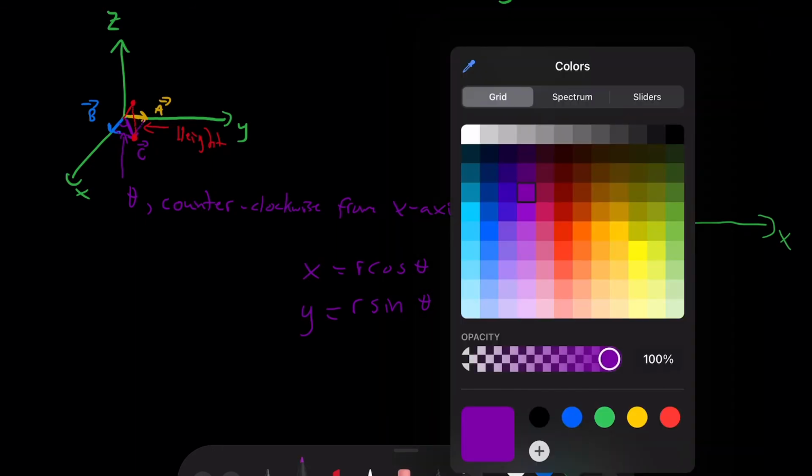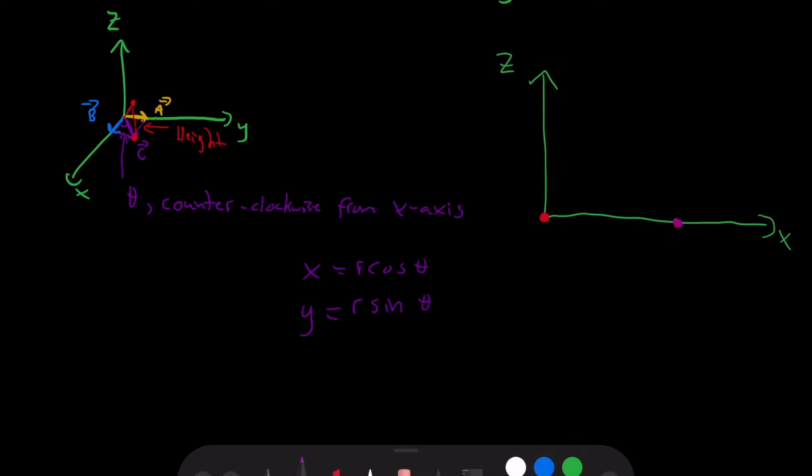This was the tip. This was vector C here. And that height that I was trying to illustrate earlier is right here. Okay.